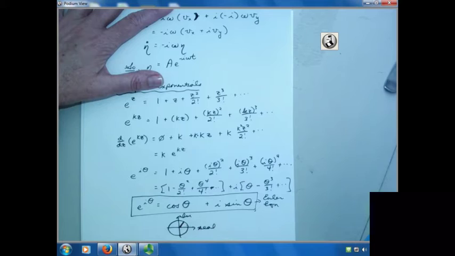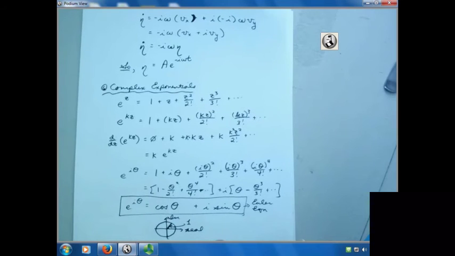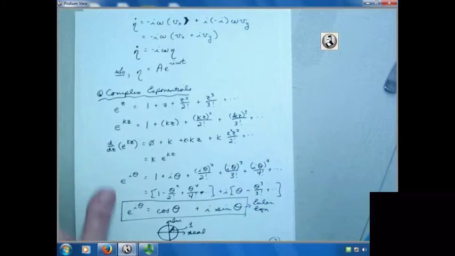As a result, the length of the radius of this circle is the real portion squared plus the imaginary portion squared, which is always going to be equal to 1. So that's like a unit circle in the real-imaginary plane. All right, so what else do we need to know about complex variables?